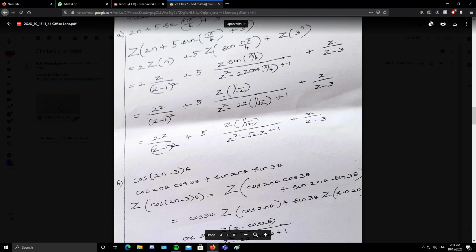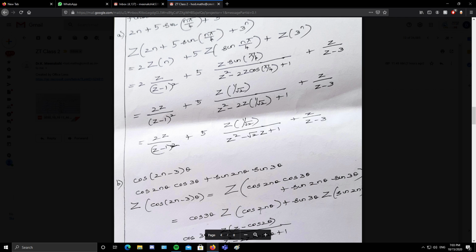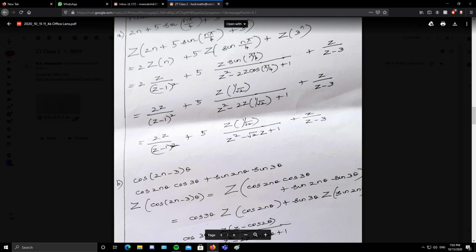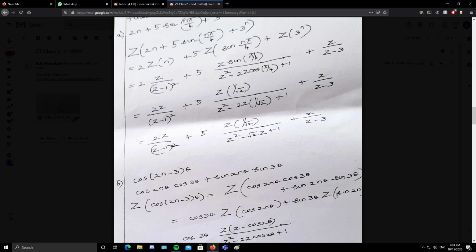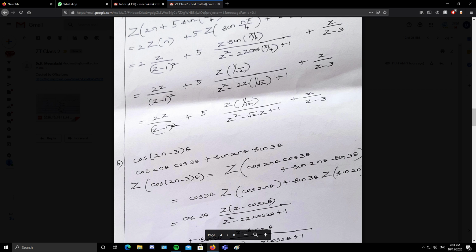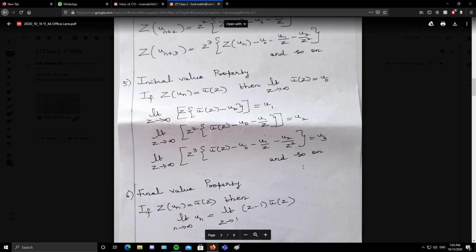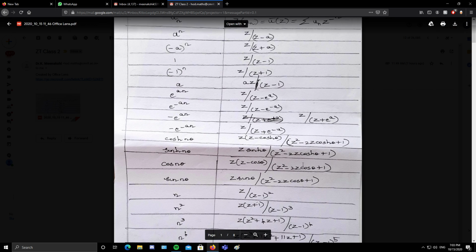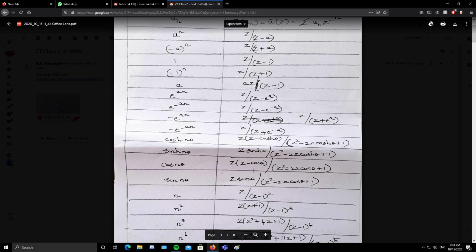I repeat, the transform is only for the nth term. If you have constants, you should take them out. Here we have used the formula of Z of cos theta, and here the formula of Z of sin theta, replacing theta by 2 theta. So you should have the formula page in your hand, then only you can do the problems.